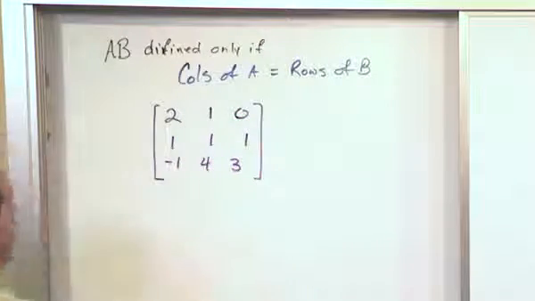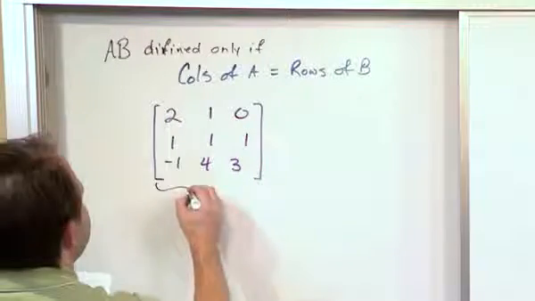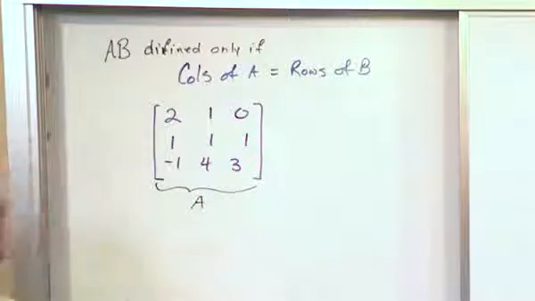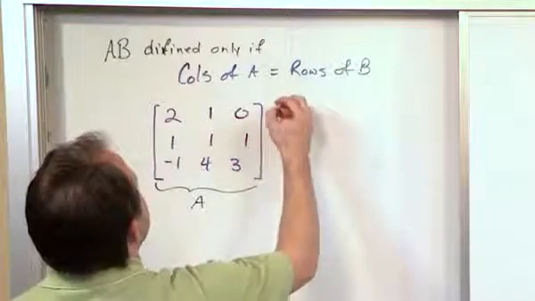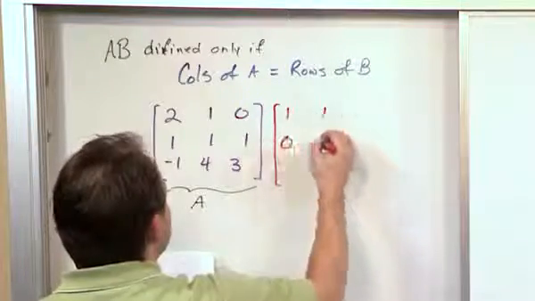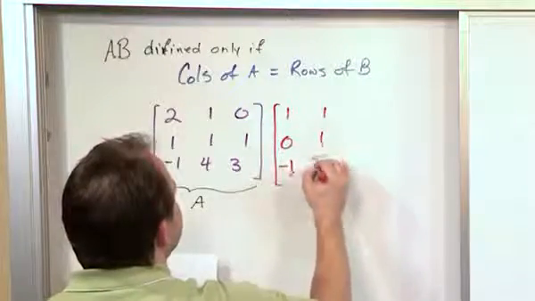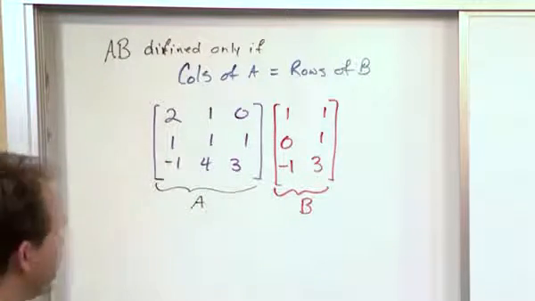This is a 3 by 3 square matrix. All right, and we're going to call this matrix A. Now we're going to multiply it by another matrix, which I'll do in red here. Matrix B will be 1, 1, 0, 1, negative 1, 3. So this guy in red here is matrix B. We want to multiply these things together.